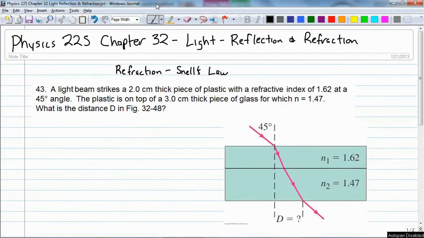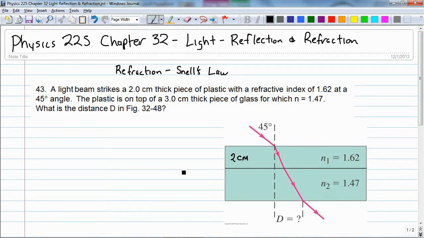For an example of Snell's law, let's do number 43 out of chapter 32. Here we have a light beam that strikes a 2 centimeter thick piece of plastic with a refractive index of 1.62, so this is 2 centimeters, at a 45-degree angle.